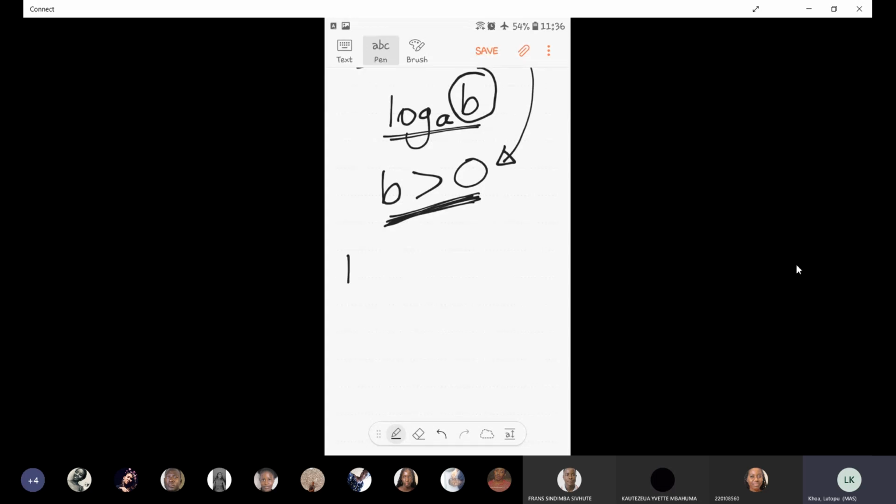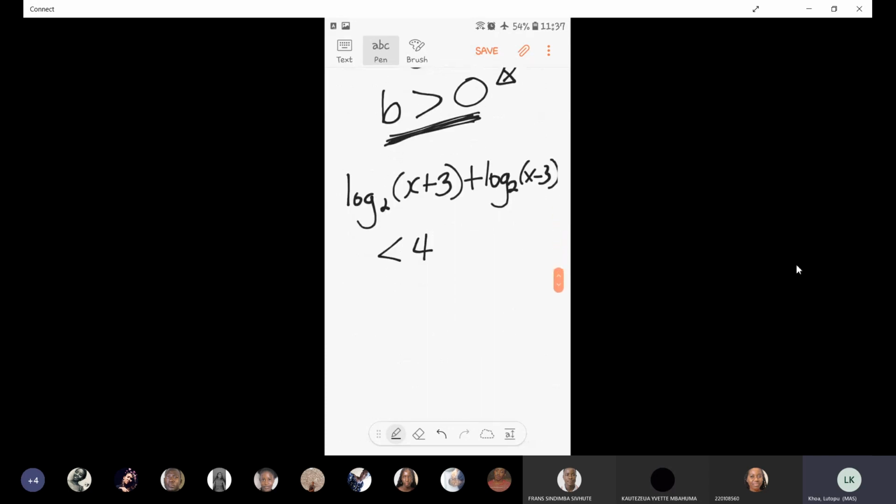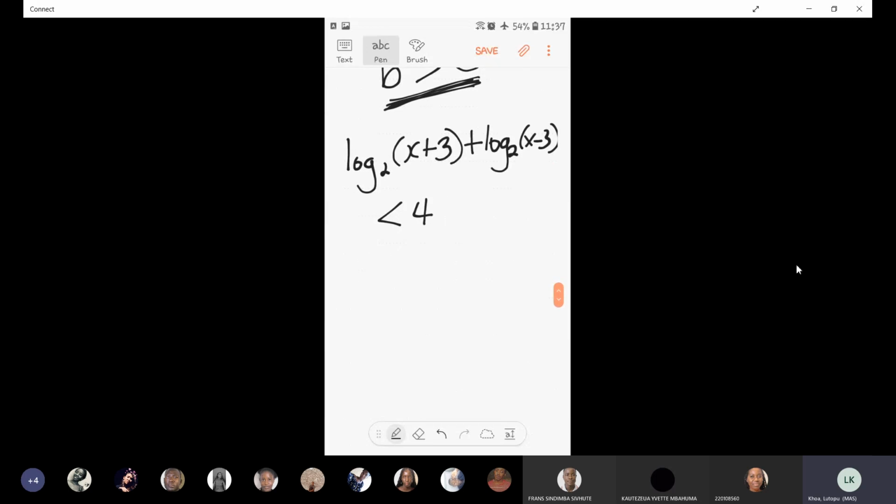We have log base 2 of x plus 3, plus log base 2 of x minus 3. This should be less than 4. So you have to keep in mind your laws of logarithms when you're solving this.